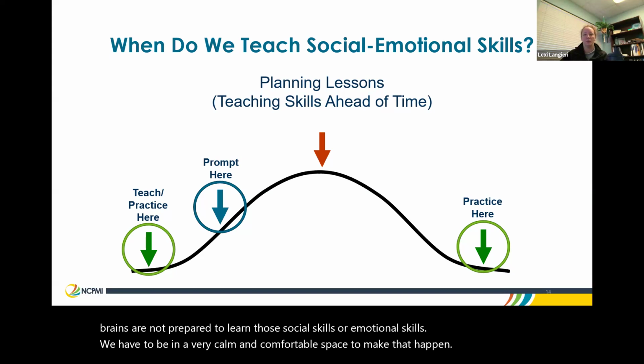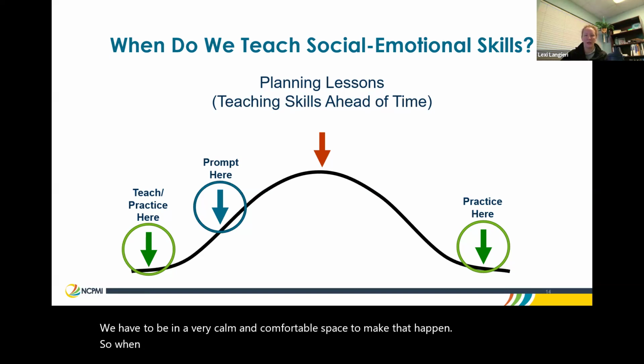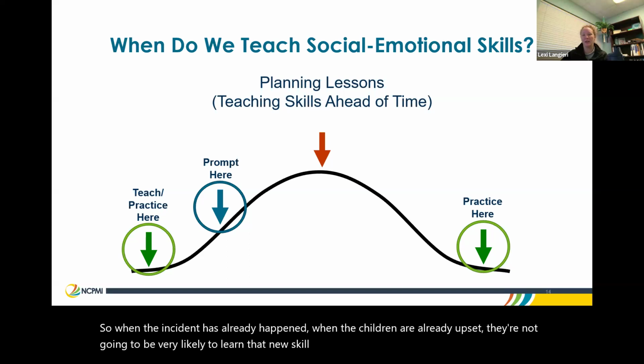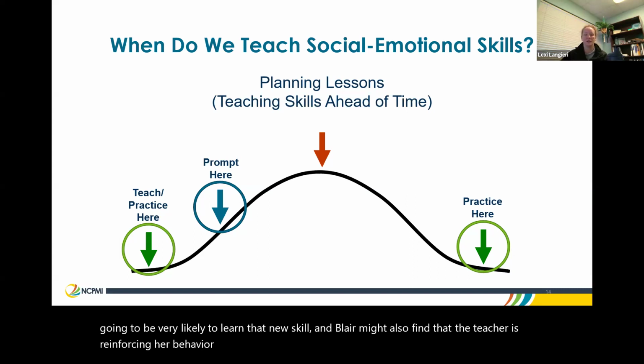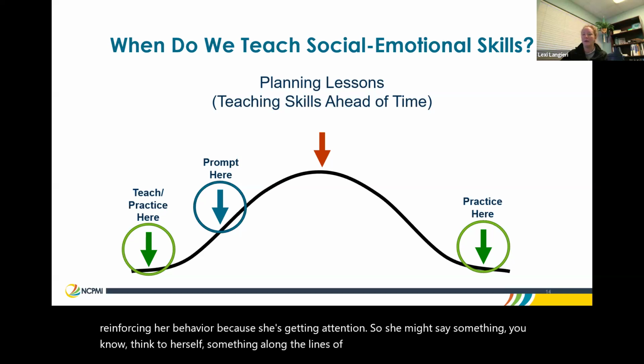So, when the incident has already happened, when the children are already upset, they're not going to be very likely to learn that new skill. And Blair might also find that the teacher is reinforcing her behavior because she's getting attention. So she might think to herself something along the lines of, wow, I might do this again so I can get the teacher's attention.